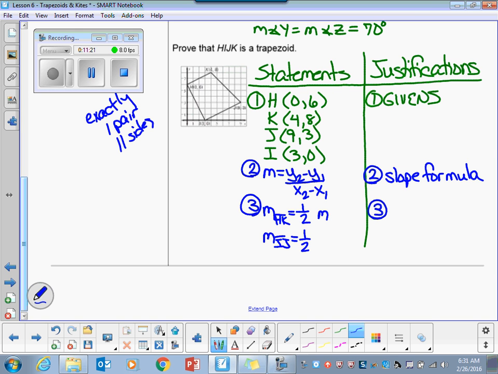The slope of HI is going to be (6 minus 0) over (0 minus 3), that's -2. And the slope of JK is going to be (8 minus 3) over (4 minus 9), -5 over 5, -1. So I substituted and simplified my formula.